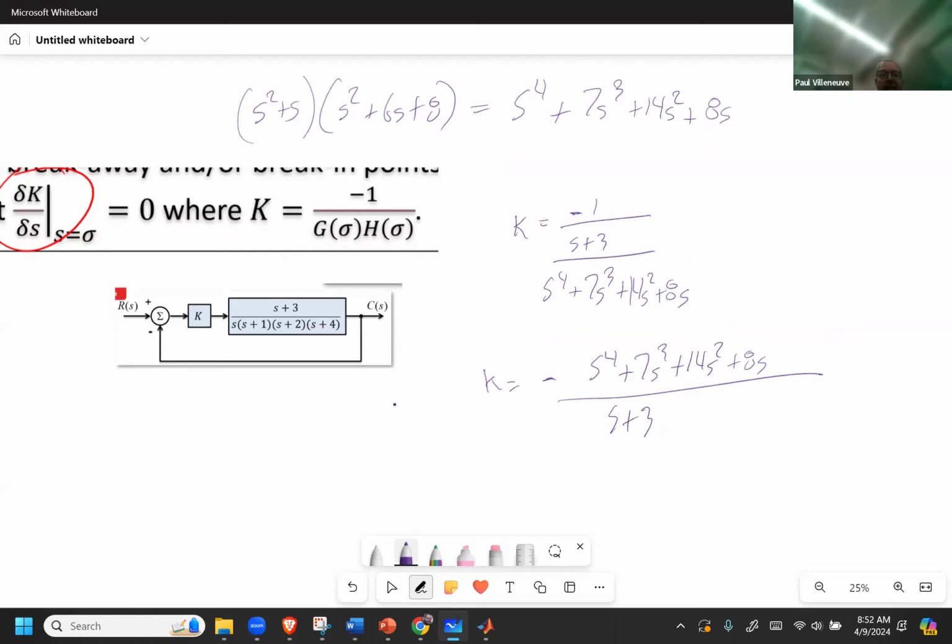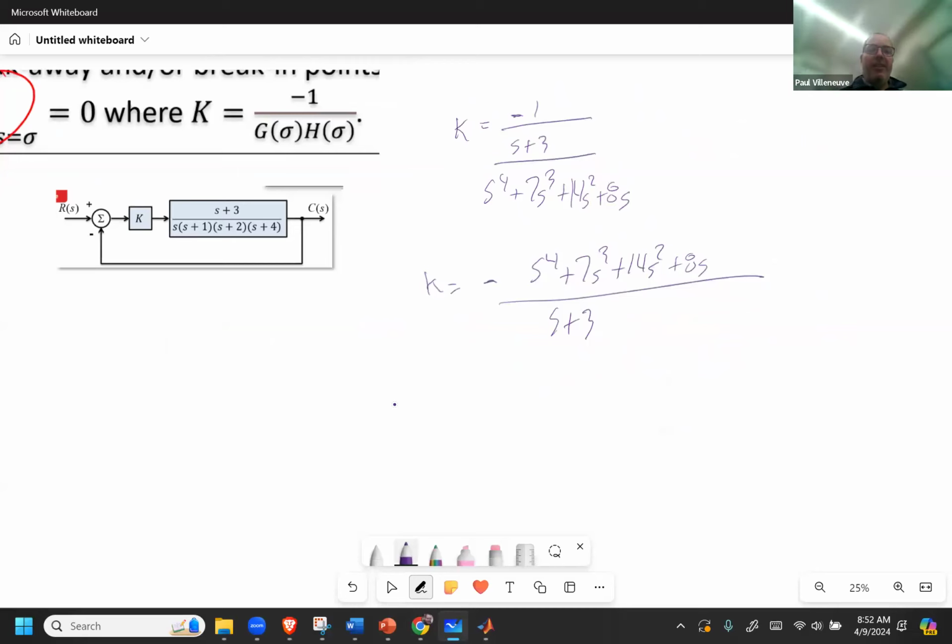Now I'm going to take the derivative of that. Let's see how good we are doing derivatives. So actually it's the derivative of K because it's only a function of S. Going to be equal to, what's the quotient rule? Do you remember? Derivative of the numerator times the denominator minus the derivative of the denominator times the numerator over the denominator squared.